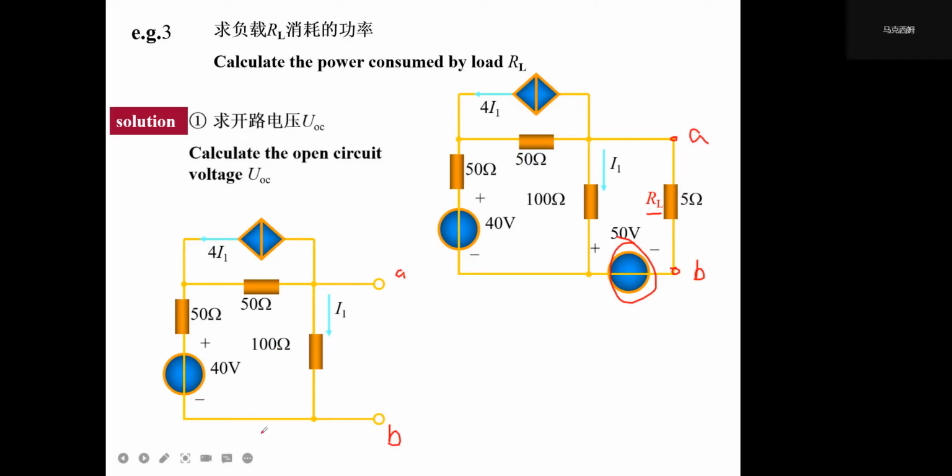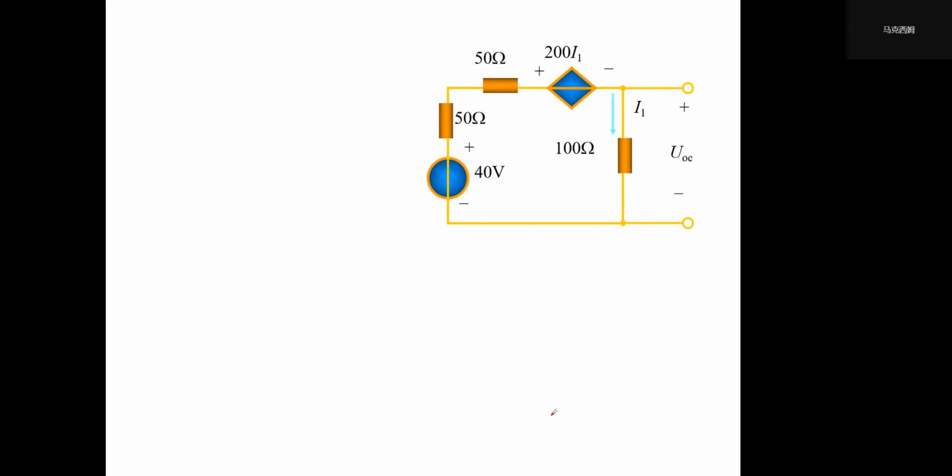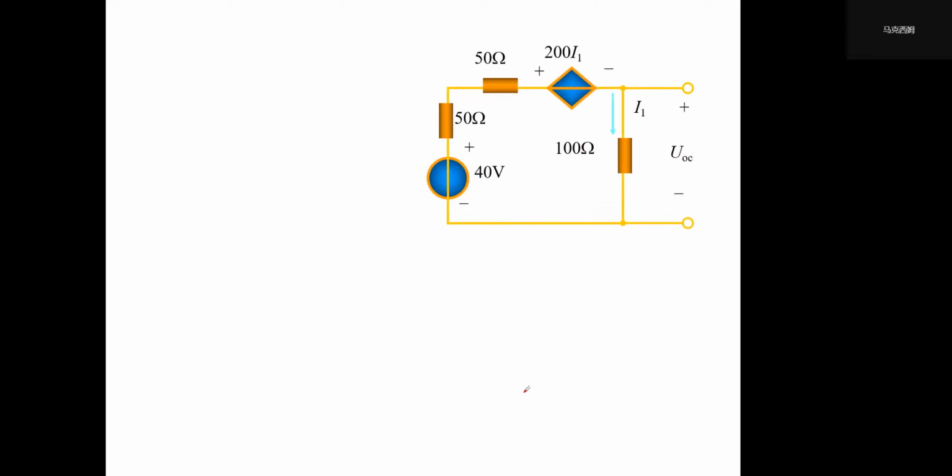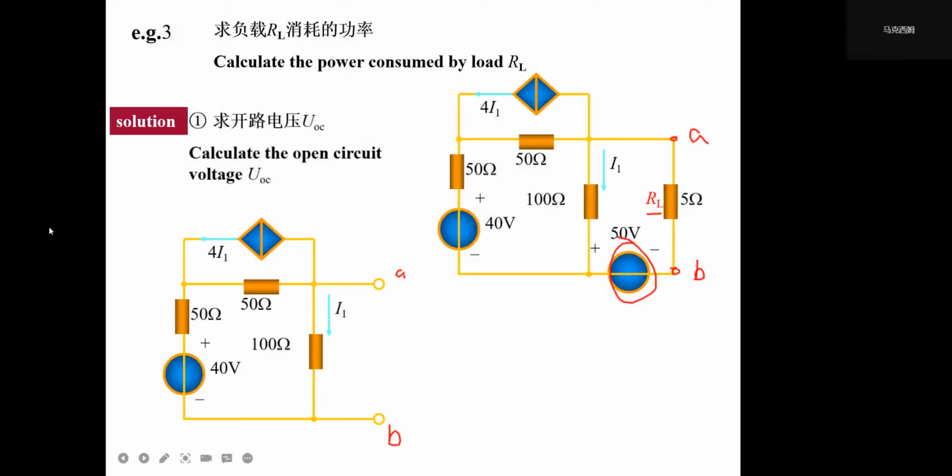We only consider this part of it, so it's going to be easier to calculate. So we can just transform this one into another form.